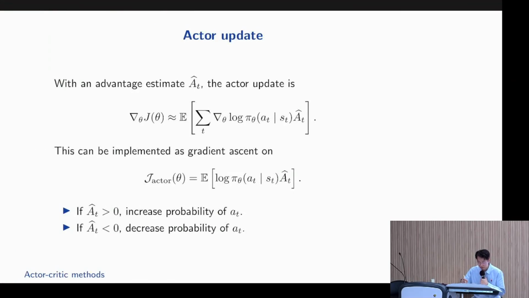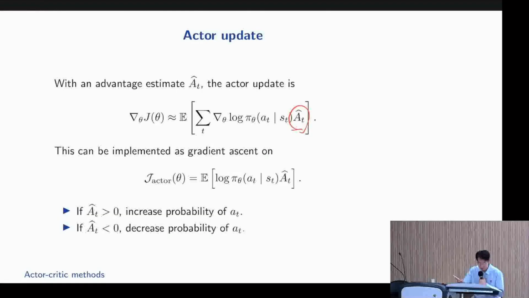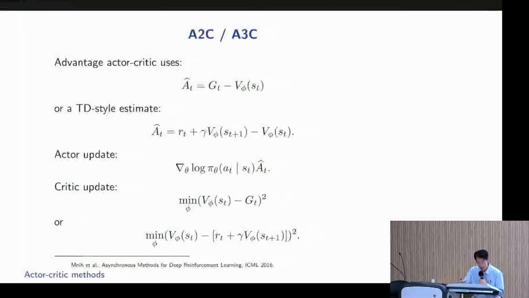How about the actor? The actor is a policy, by the way. Simple. You do policy gradient weighted by the advantage, but inside the advantage, you use these critics. Then you apply gradient descent.